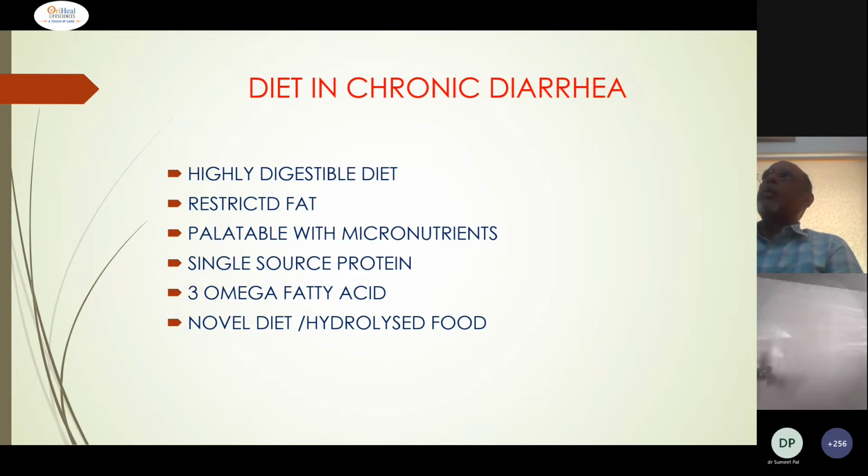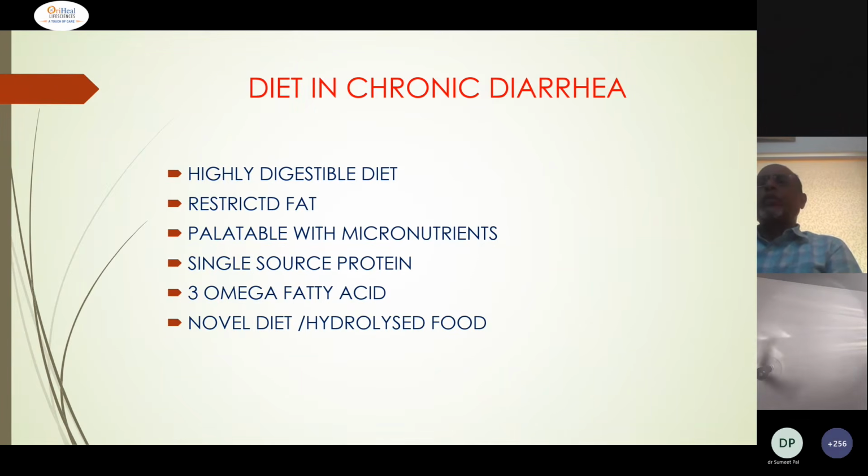Novel diet, as I told you, is carbohydrate and protein which the pet has not taken, usually rice or potato as carbohydrate, and chicken or rabbit or venison or a diet which has not been taken. In dogs you can add fish. In cats they are not good, so you can choose a novel diet.